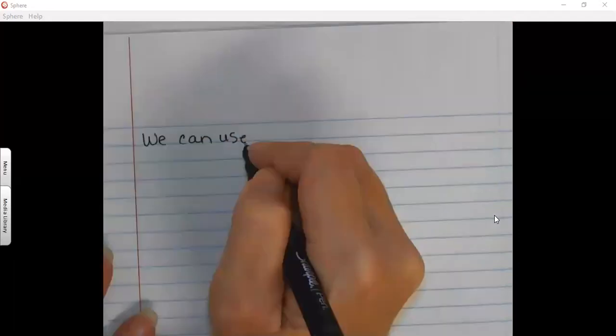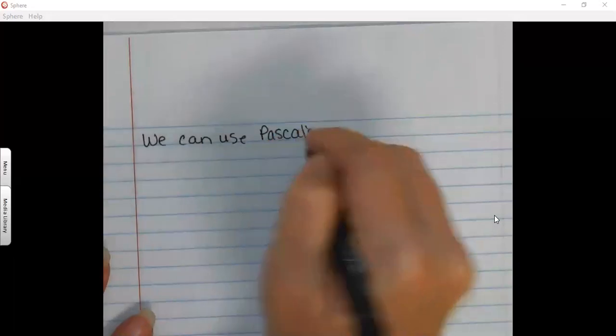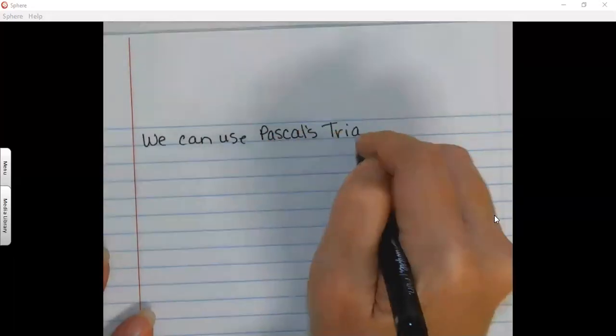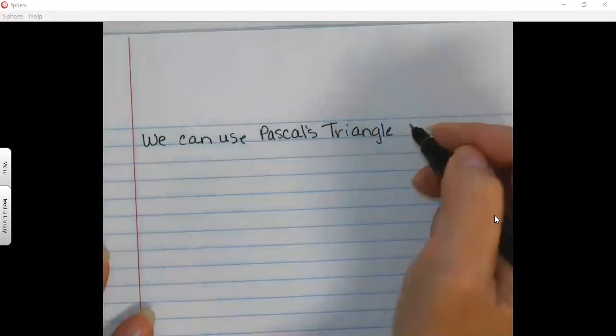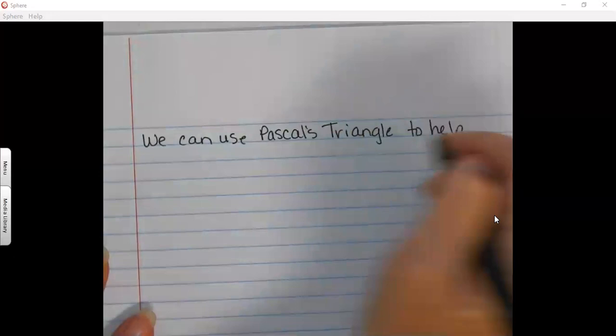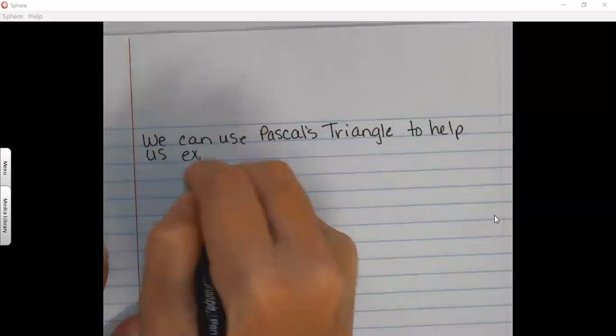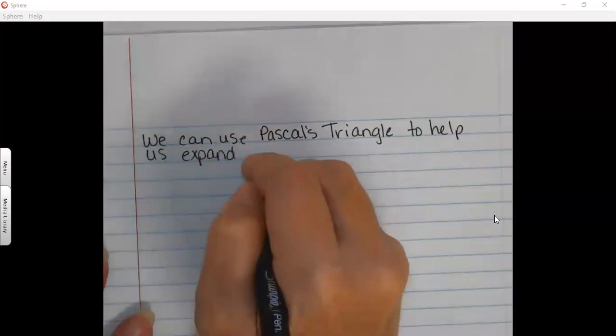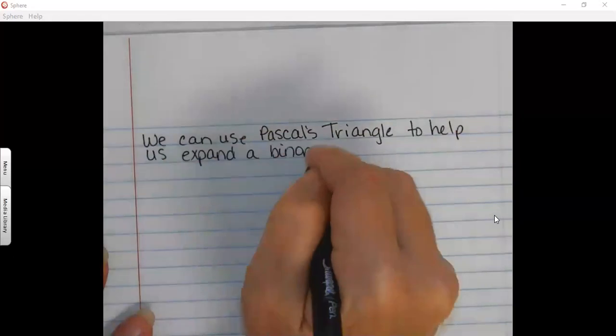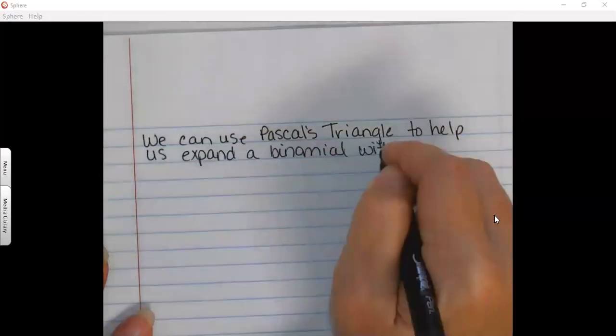We can use Pascal's triangle to help us expand a binomial without distributing.